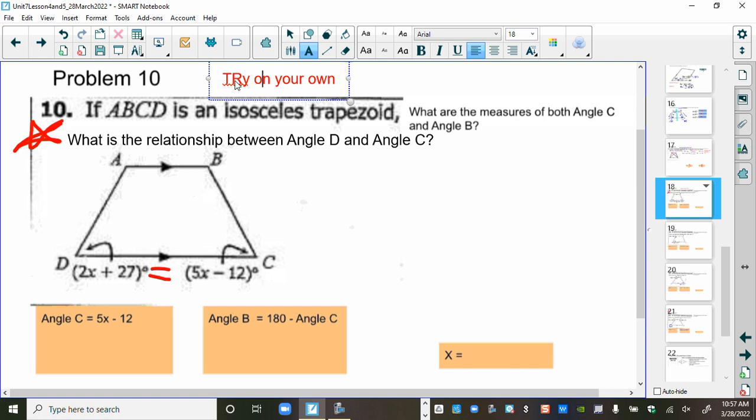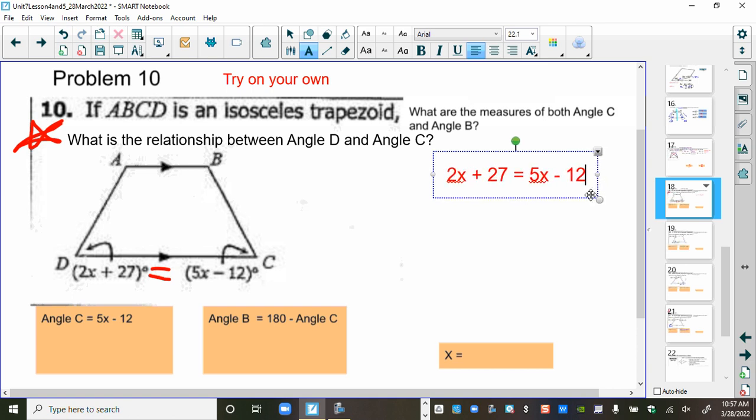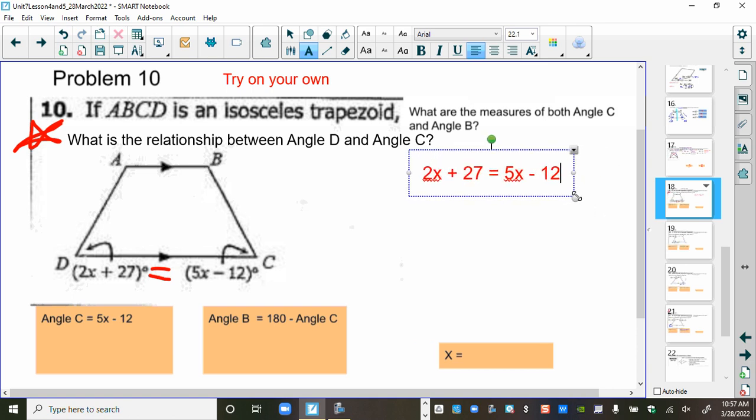Try on your own, problem 10. Again, we're not going to go over it. Now I'm only going to give you the setup. So it's like plus 27, cos x minus 12. You have enough information and knowledge to get this.